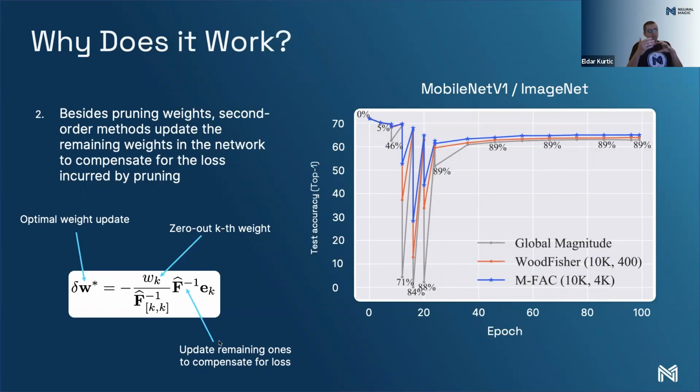And as we can see, even if we allow the final sparse models to train for long enough, for example, 8 epochs, the optimizer still cannot compensate enough for these drops in accuracy, which ends with these highly accurate Woodfisher and MFAC models relative to the models that the global magnitude approach produces.